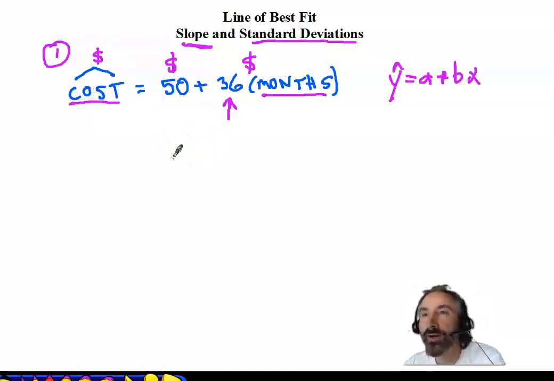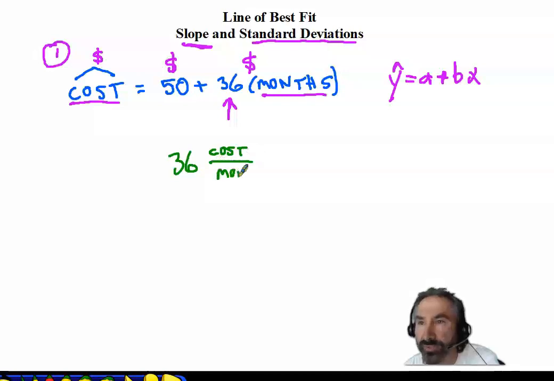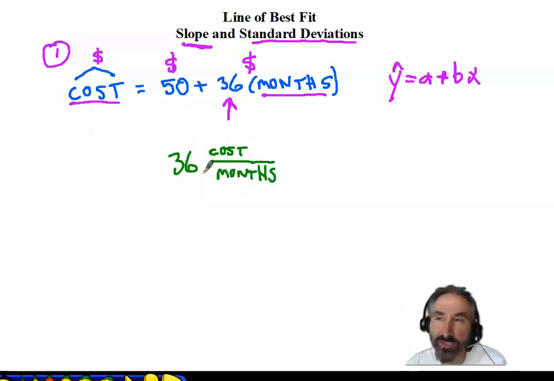So if that's the case, then if I take the 36 and I want to turn that into dollars, I must have units of something like cost over months. I believe that is going to be the units of my slope, and then we can multiply that times months, and the months cancels out, and we simply get 36 times whatever the cost is.